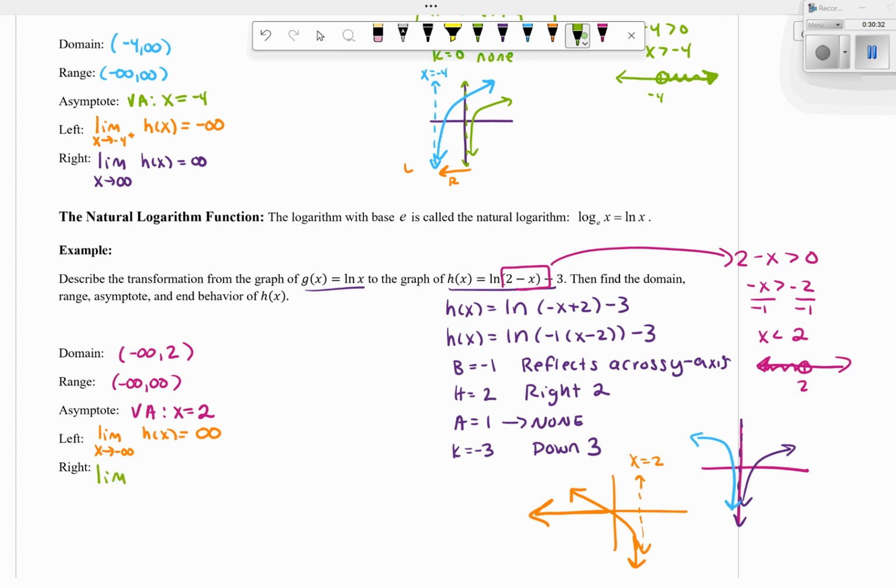So the limit as x approaches 2, and notice that this again is the right side of the vertical asymptote, this is the left, so we'd actually use a minus there. And again, that's because of that reflection, h of x is going down towards negative infinity. And that is it for our logarithmic functions, the inverses, and looking at the end behavior of the graphs.